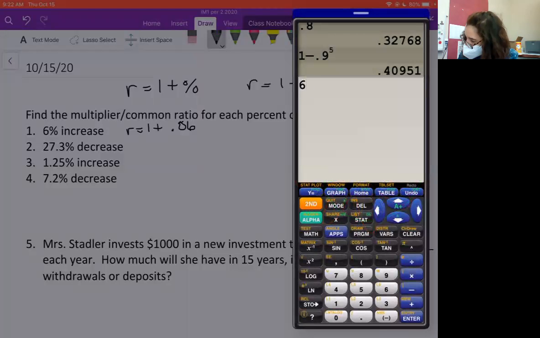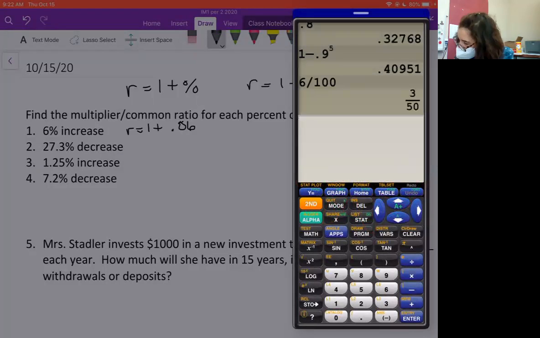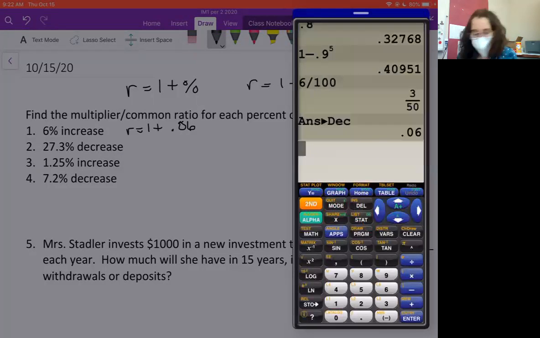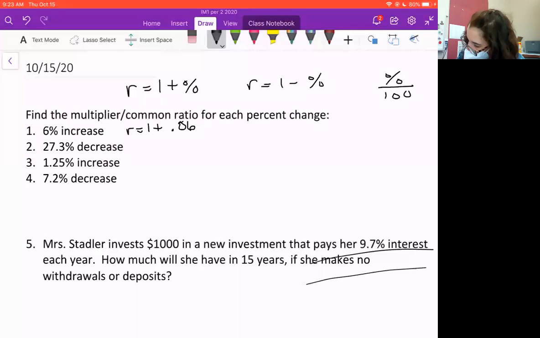So 6 divided by 100 is, I don't want it in fraction form, let's put it in decimal form, 0.06. So you take 0.06, add it to 1, and we get our multiplier of 1.06.